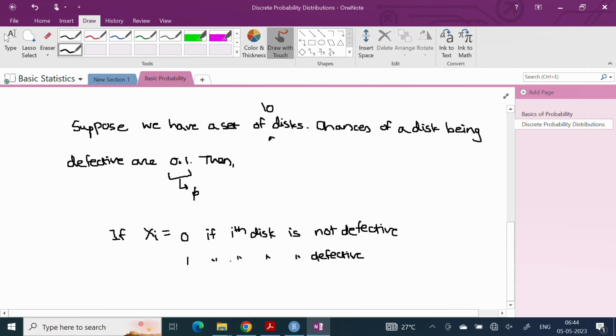Then the sentence that we wrote here tells me that each xi follows a Bernoulli distribution with success probability 0.1.